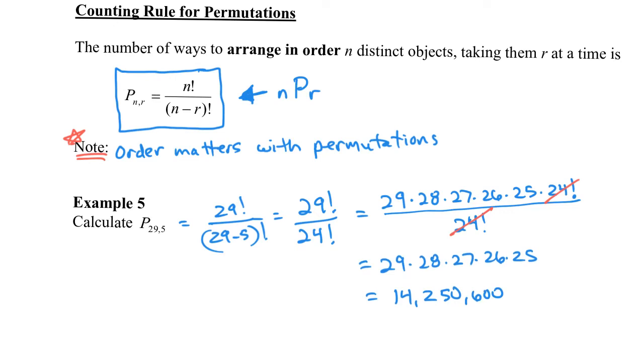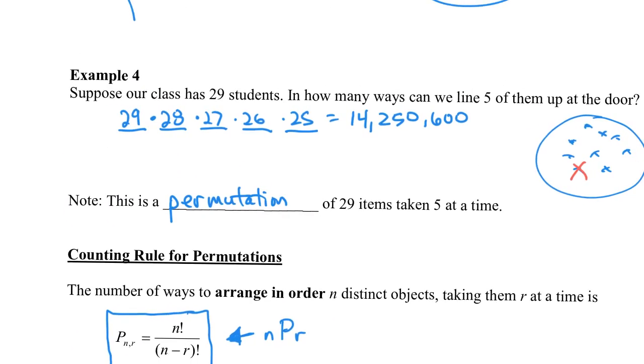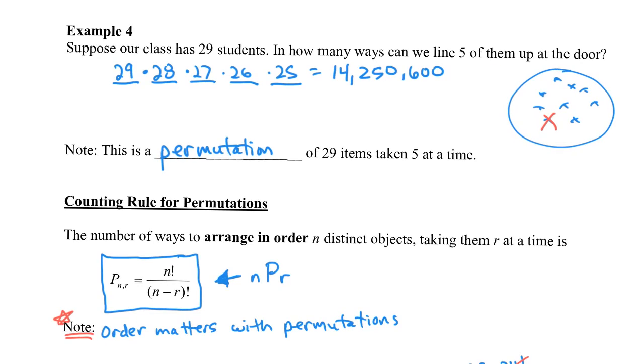If you look at the problem above, there's something interesting about permutations. When I do permutation applications, it's easy for me to think of this intuitively. If I'm told our class has 29 students and we're going to line up 5 of them at the door, it's easier for me to think, okay, there's 5 spots here, and I reason through it like this and multiply these together.